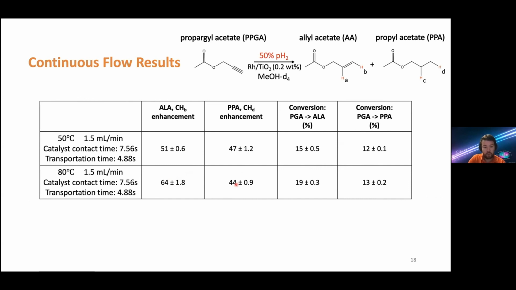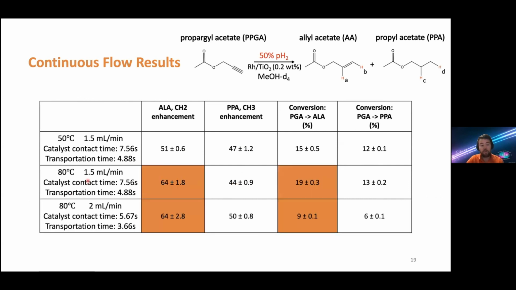And then we've also varied the flow rate. What's interesting here is that a sort of 25% reduction in catalyst contact time, which is the time it takes the liquid to pass through the catalyst cartridge, results in a more than 50% decrease in the conversion.